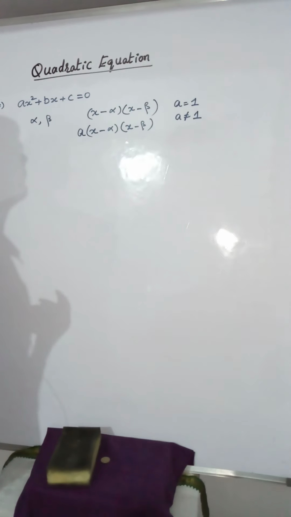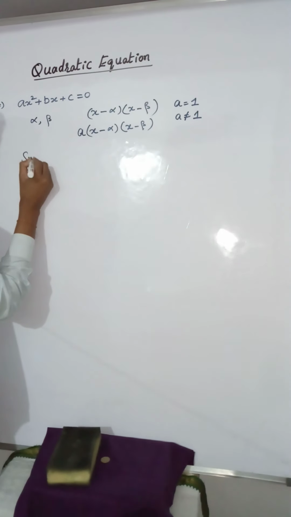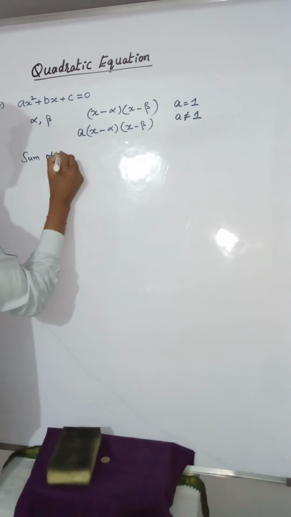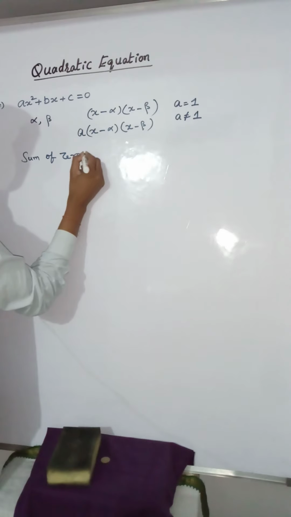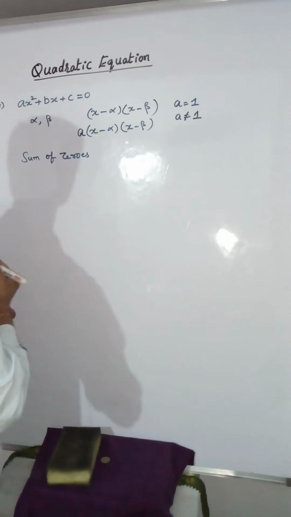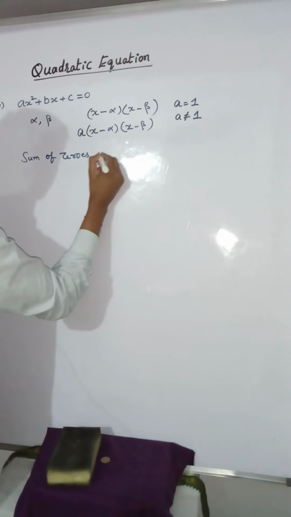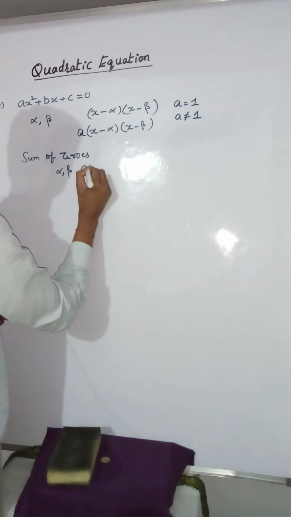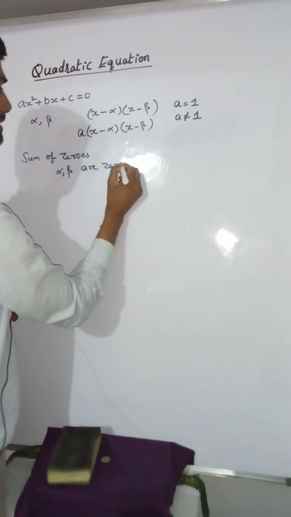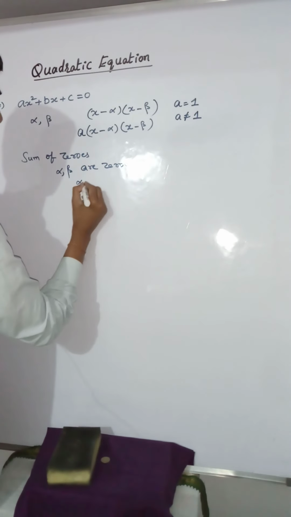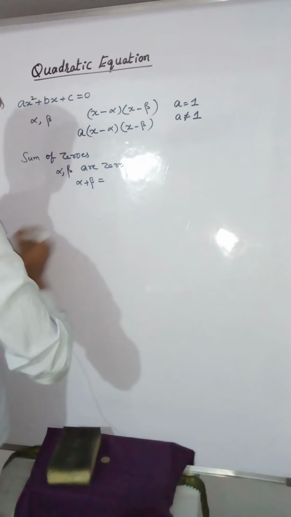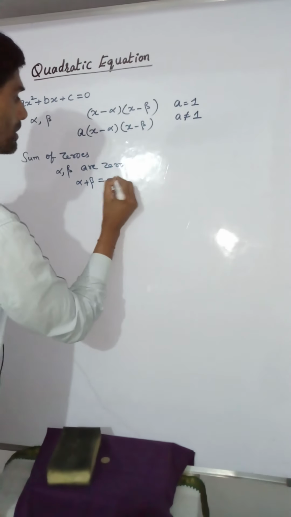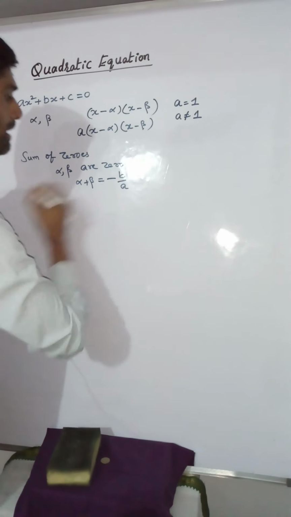In this, we need to understand a few things. That one is the sum of the zeros. Alpha and beta are zeros, then the sum of the zeros is nothing but addition: alpha plus beta is equal to minus b by a.